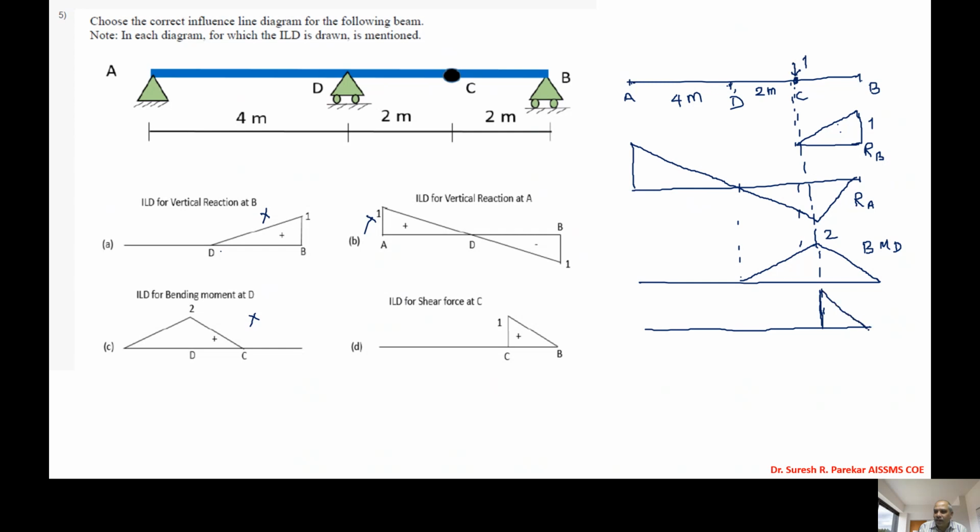So this will be the ILD for shear force at C. And then the correct option is D. So this value is 1. Likewise we have to check all of these.